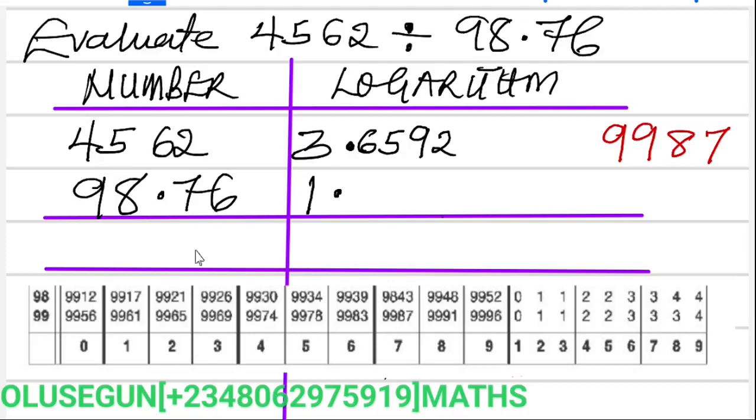Let's find the differences now. Under the difference of 6, let's count the 6. No, we are looking for 98, so let me do it again. It's 9843, sorry.